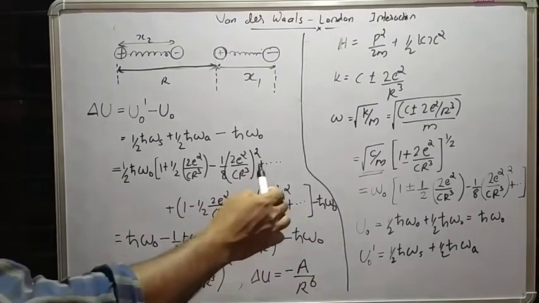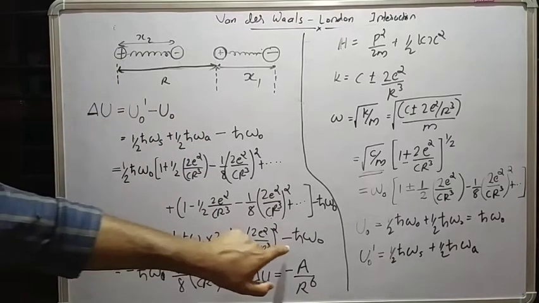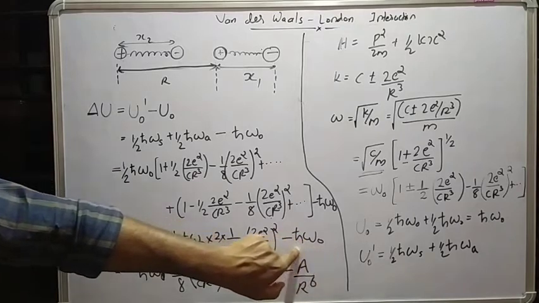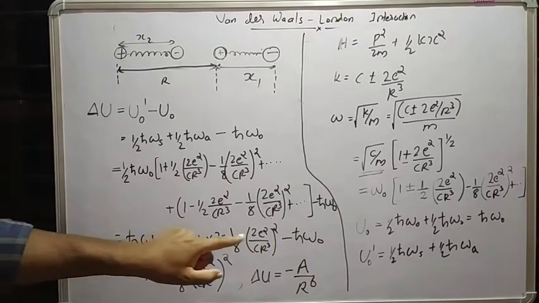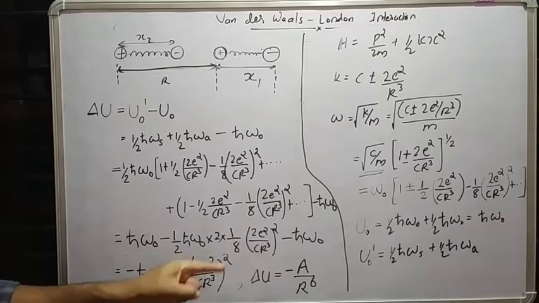I am ignoring higher order terms of r. So h cross omega naught is subtracted and we get 0, and the remaining term is minus h cross omega naught times 1 by 8 of (2e square over C r cube) whole square.